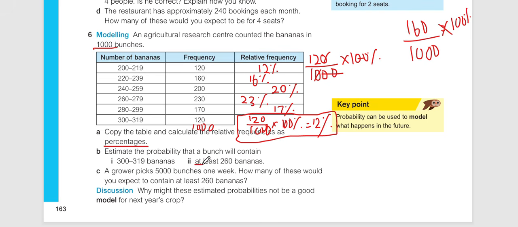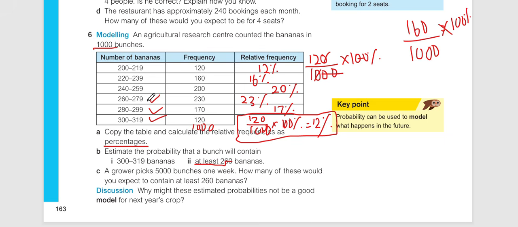Now next question, who can tell me which set of data I have to consider for this? At least 260 bananas. So when it says at least 260, which groups should it be? At least means the lowest should be 260, right? So whatever comes afterwards will be calculated. In this group it's 260, so the at least condition matches. These are anyway above that.